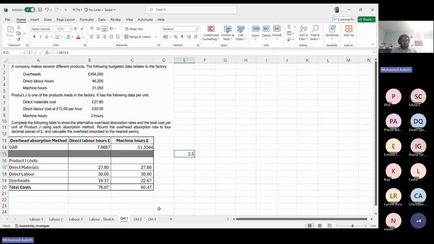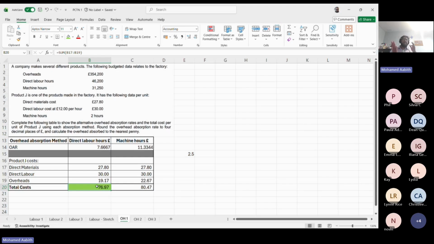If you have fewer hours, when there is a change, the margins could fluctuate too much. But when the time is longer, that means it is the most intense, with more hours used in that particular production. So I will choose the direct labor method. That's something you will learn in the future. But whichever is the most intensive, that is the method I will be using. But here they didn't ask you that, so don't worry about it.